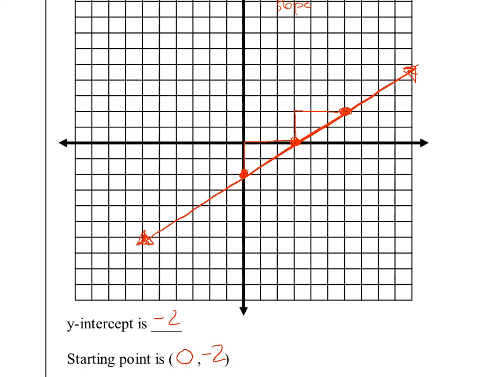So, as a summary of what we did today, let's talk really quickly about the benefits and why it's really, really nice to have an equation in slope-intercept form. Why is it so nice?